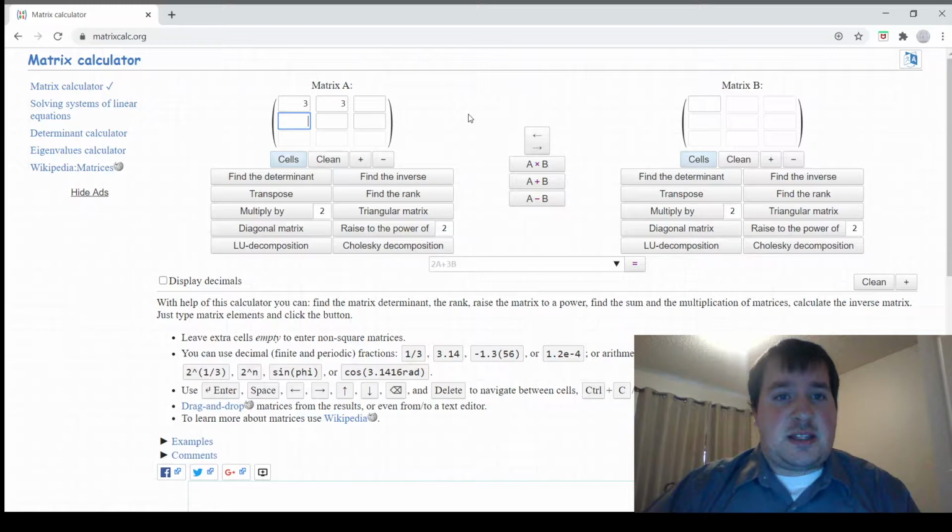So again, looking at a single matrix, we can also multiply the matrix.